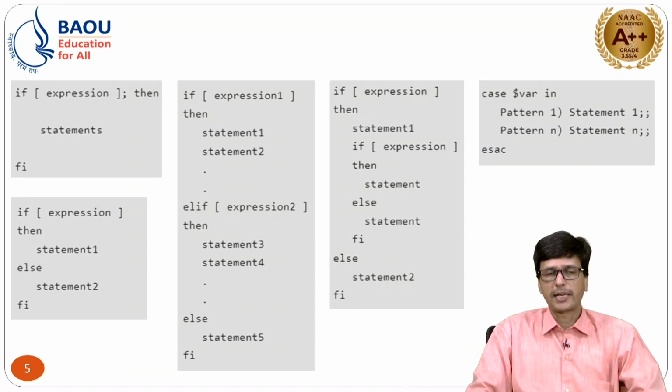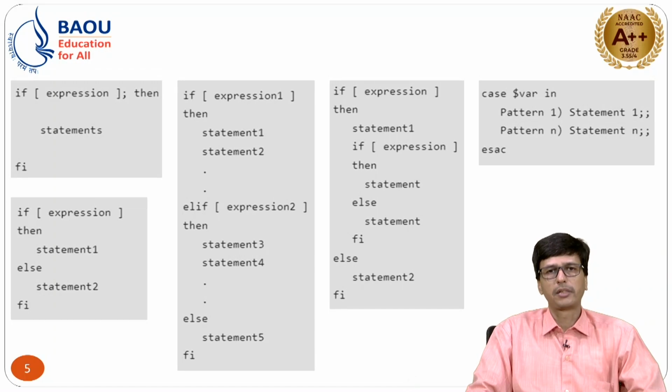Then the second decision making statement supported by Linux is case. Then after that, $var, which is any variable you are using to check the value. Then in, which is again a keyword; whatever values are available in the variable, you have to check against all the cases available in this syntax.